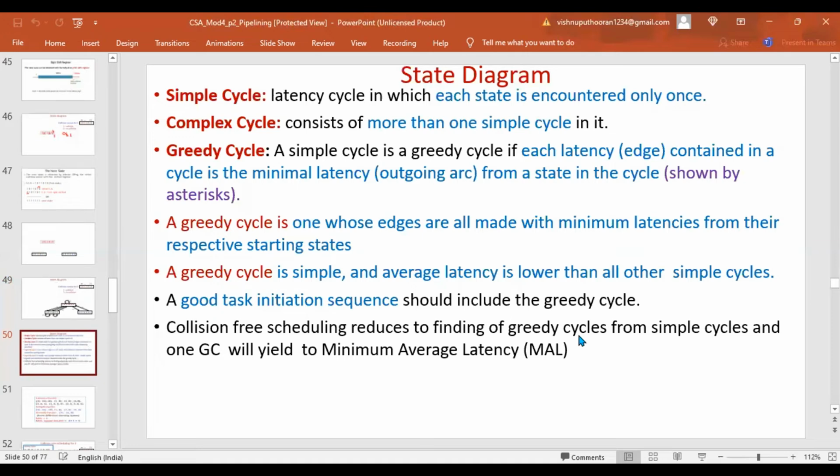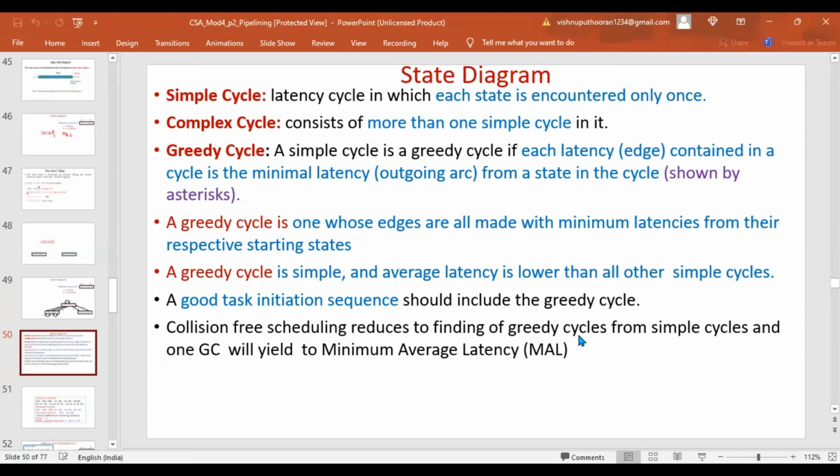A greedy cycle is a simple cycle, and its latency is a minimal latency. A greedy cycle is one whose edges are all made with a minimum latency from their respective starting states. A greedy cycle is simple and its average latency is lower than all the other simple cycles.